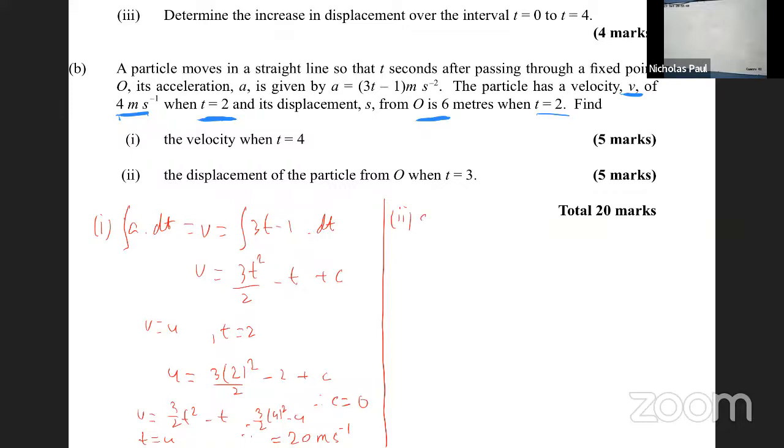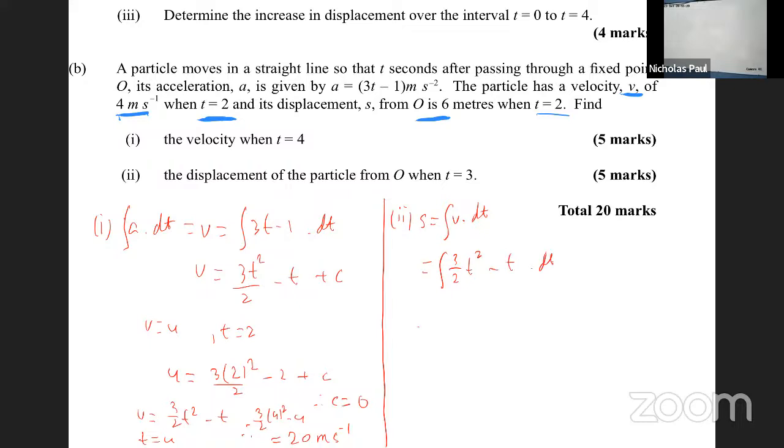They want us to get displacement. Displacement is the integral of velocity with respect to time. So we integrate the equation we had below, which is 3 on 2 t squared minus t.